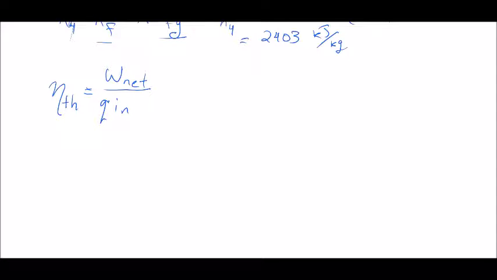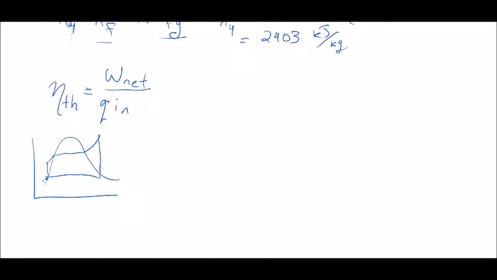And so when we're looking at the process curve, here you have your saturation curve, and our process looks something like this. It actually goes below the line and across. So you have states 1, 2, 3, and 4.